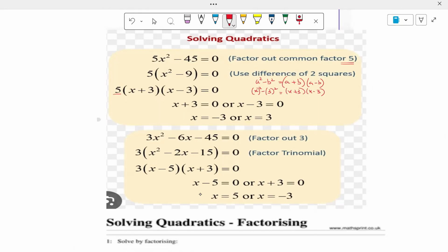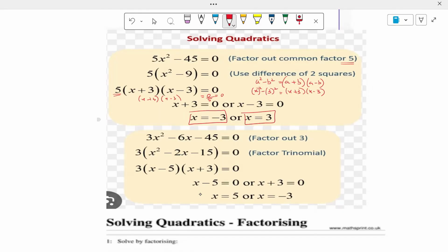So 5, the common number, is written before x plus 3, x minus 3. Now checking out, where does our 5 go? 5 times x plus 3, x minus 3 is equal to 0, divided by 5. 0 divided by 5 gives us 0. So we are left with x plus 3 equal to 0 or x minus 3 equal to 0. Taking plus 3 on the right side, we get these two answers.